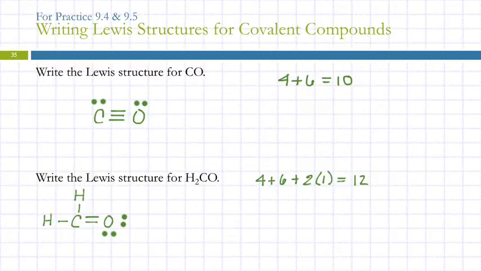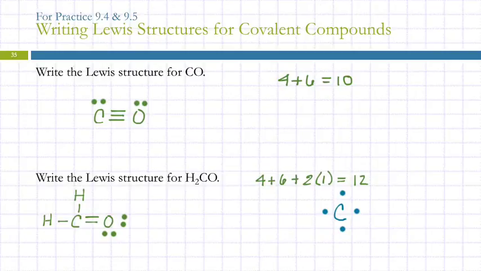A double bond is 2 bonds. So 4 bonds. Well, let's look at the Lewis structure for a carbon atom. How many valence electrons does it have? 4. 1, 2, 3, 4. So carbon is set up to make 4 bonds. Each of these single electrons shares well with something else.